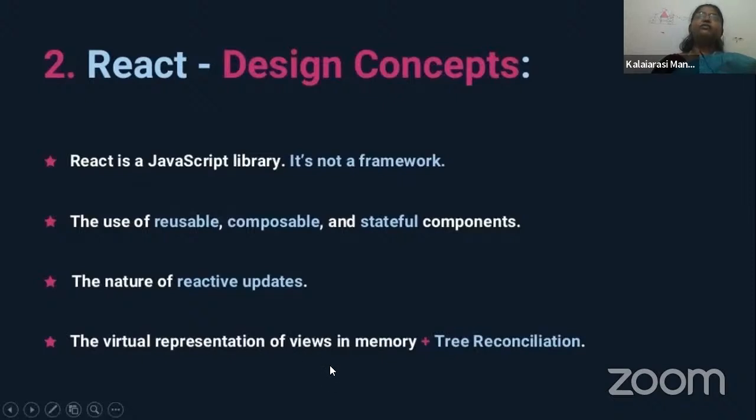Virtual representation of views in memory, that is your virtual DOM, which creates a tree constellation. So the keyword which we have to use is tree reconciliation. That is, the entire tree structure of the DOM is never disturbed. Only the necessary part of the branch is disturbed.